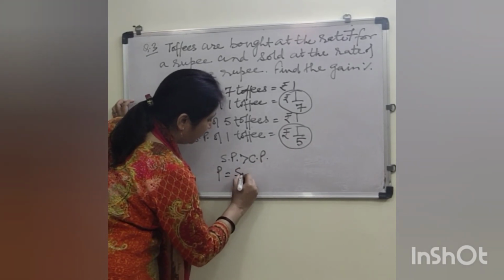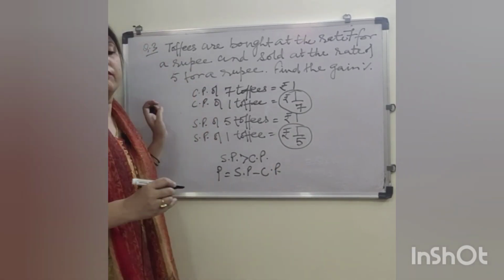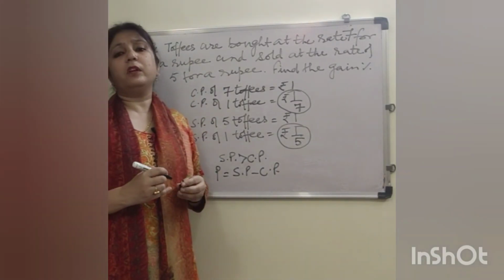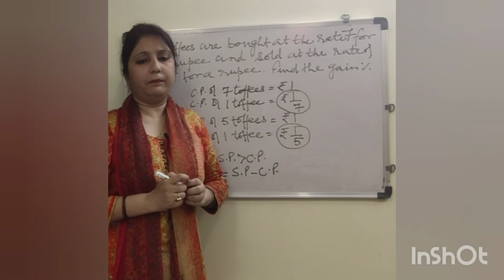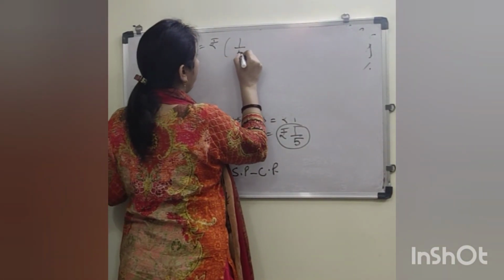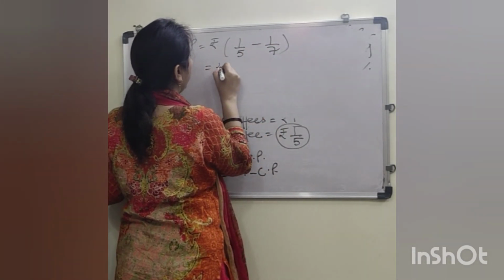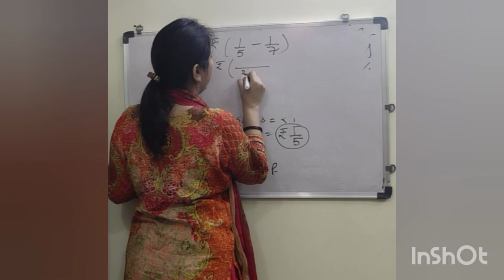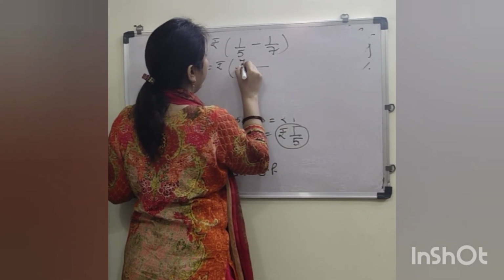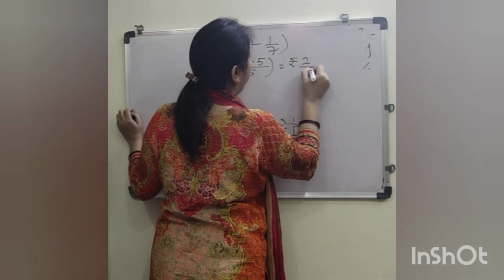Profit is equals to SP minus CP. So profit is equals to rupee 1 by 5 minus 1 over 7. That is rupee, we take LCM, 7 minus 5, rupee 2 over 35.